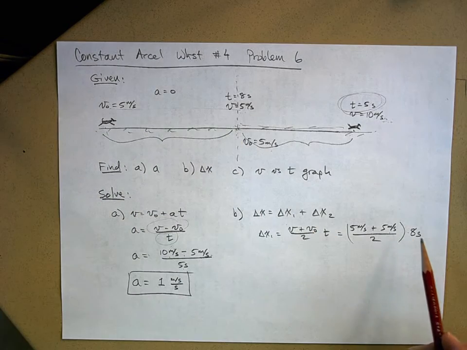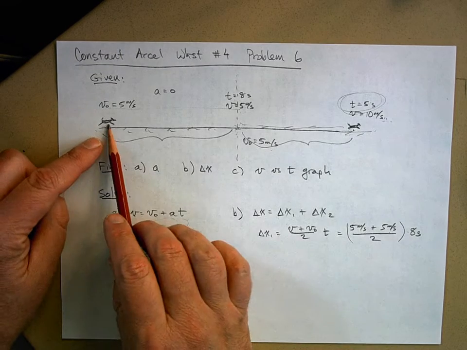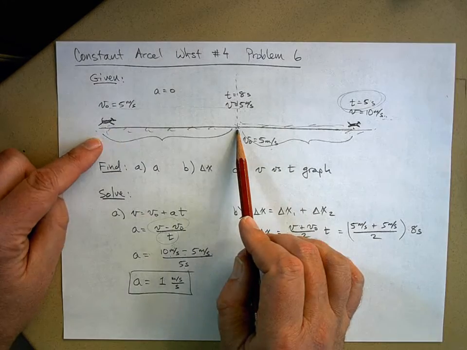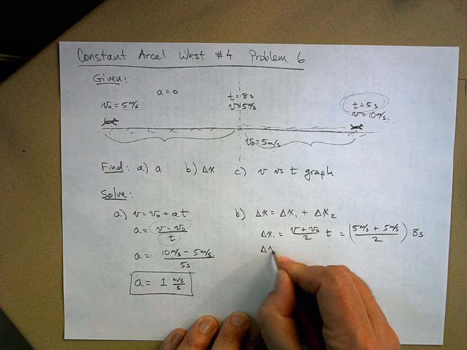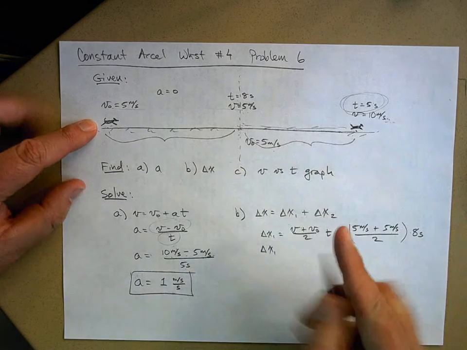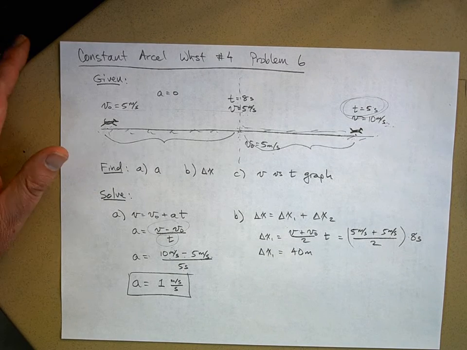Now, you could have said, look, why are you doing this? This is stupid. The dog was running 5 meters per second for 8 seconds. So it's 5 meters per second times 8 seconds. How far did the dog go from here to here? 40 meters. This is a long driveway.